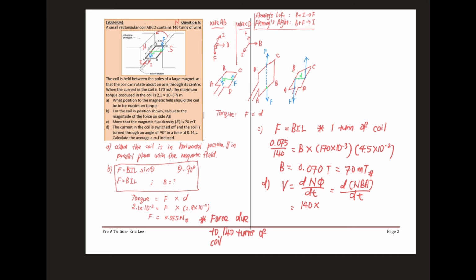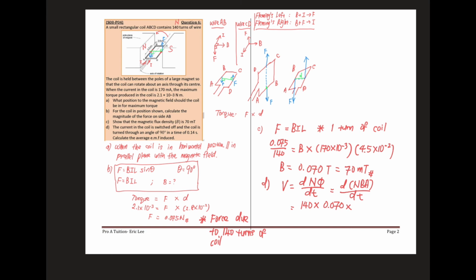So 0.07, this is B. A is the area, and this A must be the area perpendicular to the magnetic field.